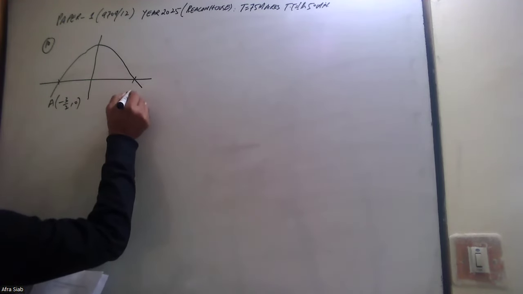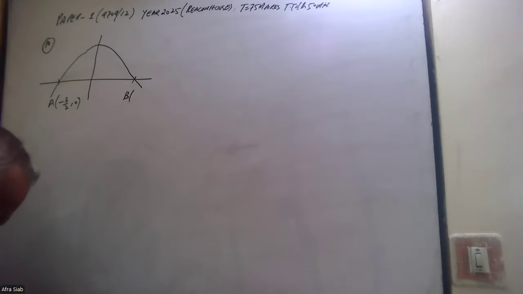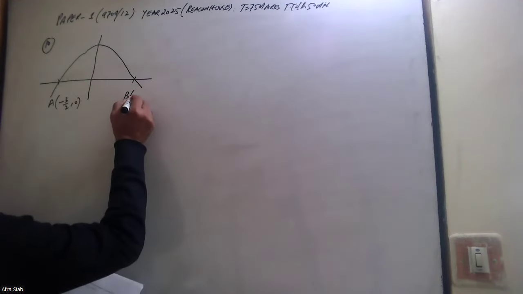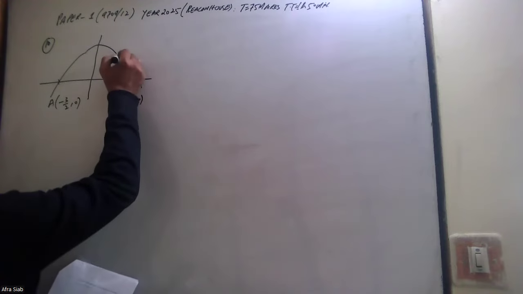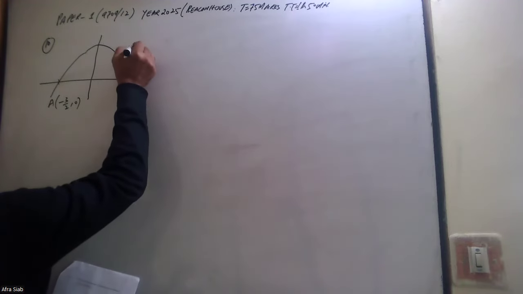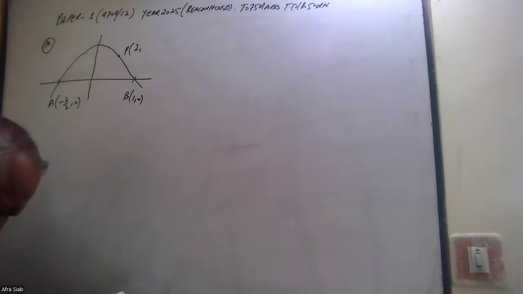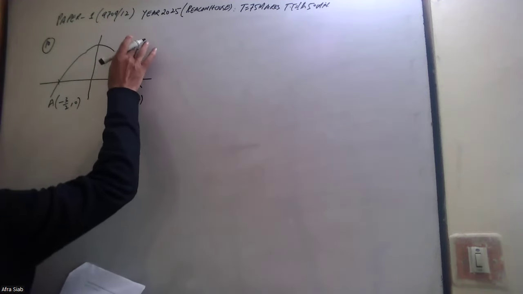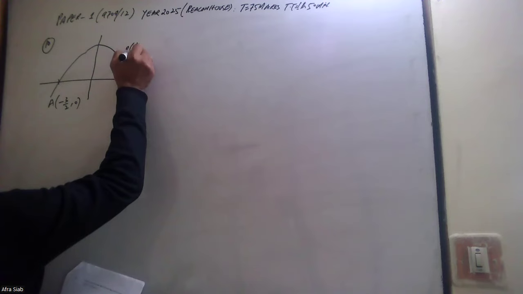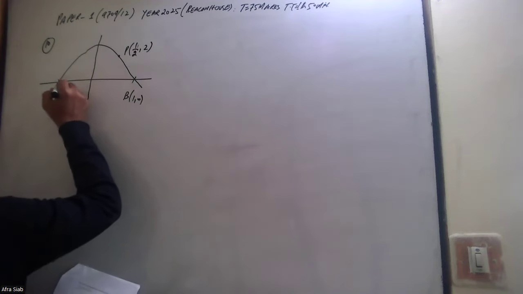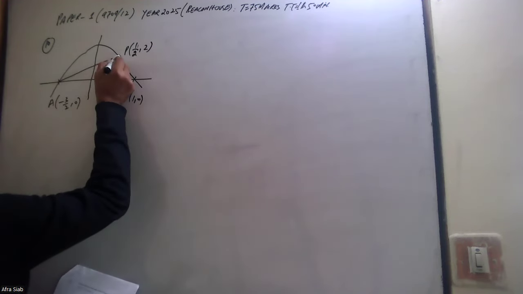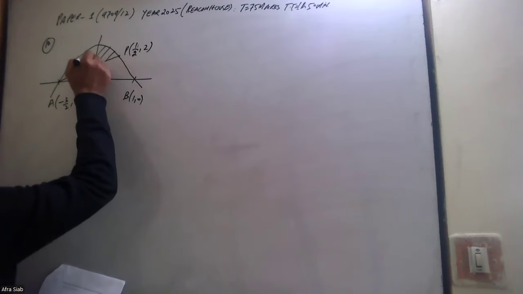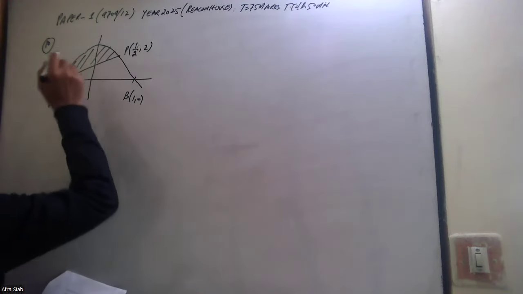This point is B, which is 1 and 0. And there is a point P, which has the coordinates half and 2. And this is the line which is intersecting, and that is the required area of the shaded region.